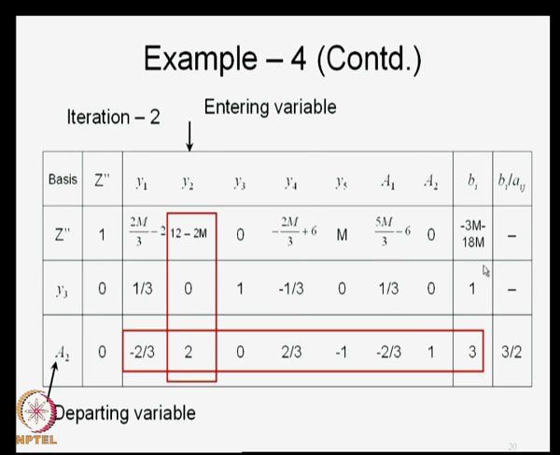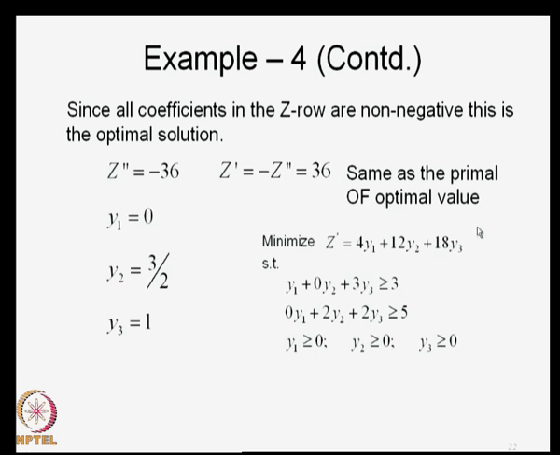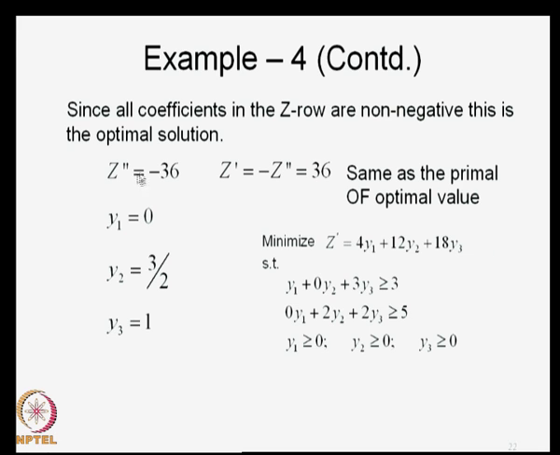When you do all these transformations, you will get z double dash is equal to minus 36, y 3 is equal to 1, y 2 is equal to 3 by 2. You were looking for maximization, so this is a maximized value, and z dash is equal to minus z double dash is equal to 36, which is what you were looking at: minimize z dash.